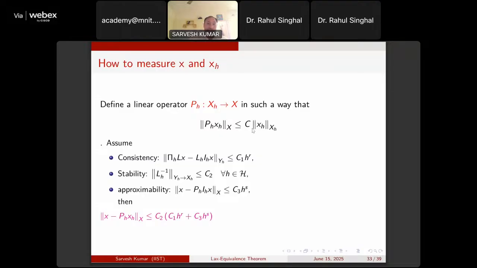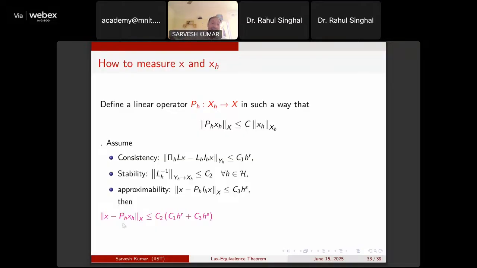But it should be such a way that it is a bounded operator. Now assume that you have the consistency, which I have just introduced, and the stability. Then if you have this approximability, we have the convergence of X minus PHXH.